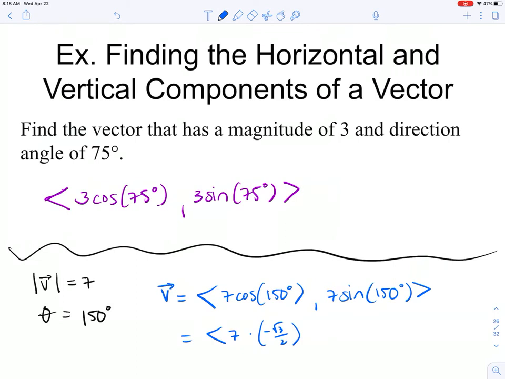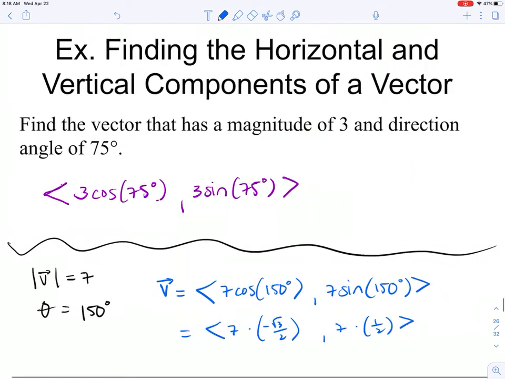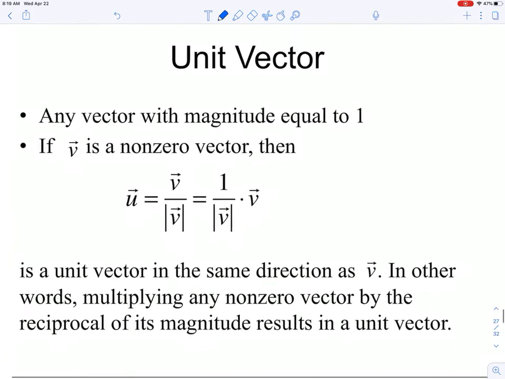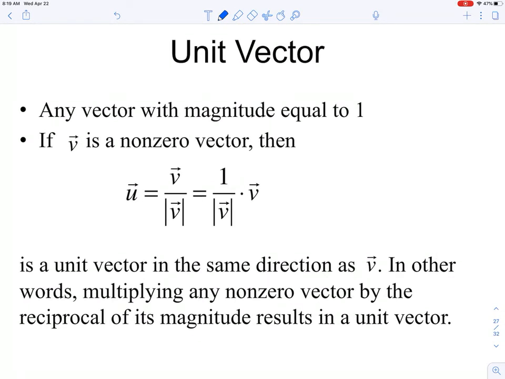And we could simplify. So cosine of 150 degrees would be negative root 3 over 2, and sine of 150 degrees would be 1/2. So vector V simplified would be negative 7 root 3 over 2, comma 7/2.